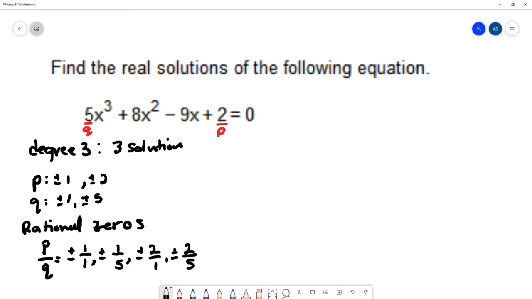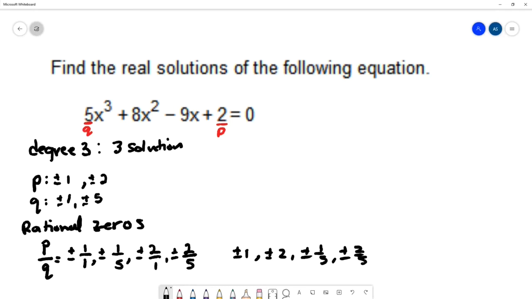So simplifying those, we have plus and minus 1, plus and minus 2, plus and minus 1/5, and plus and minus 2/5. So those are the possible rational solutions to this polynomial equation.